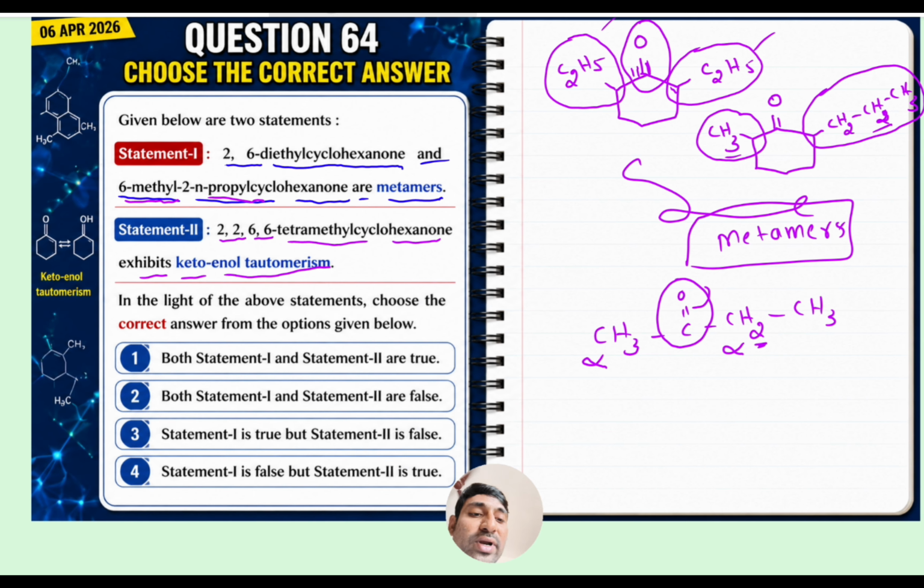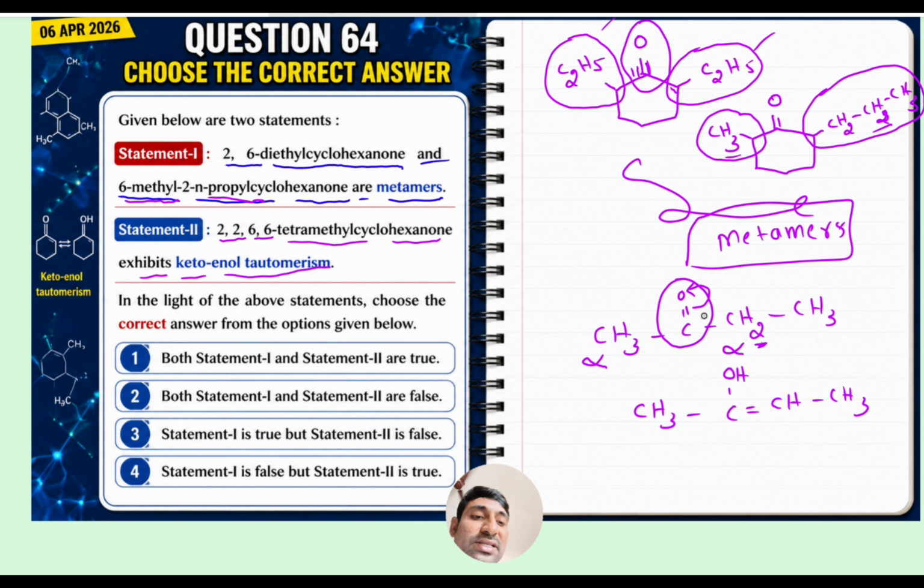Oxygen is more electronegative than carbon, so it attracts electrons towards itself and gets a negative charge. That is why the alpha hydrogen shifts to the oxygen and gives CH3-C(OH)=CH-CH3.